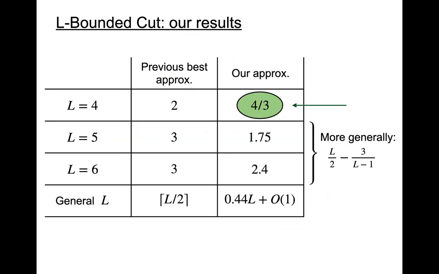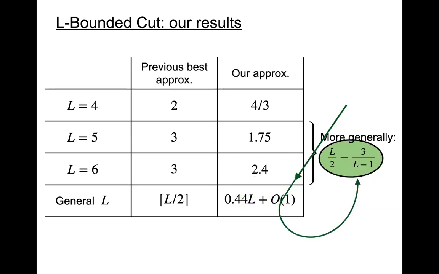Okay, so that's our approximation for 4/3, for L equals 4. I could talk about our approximation for L equals 5, but it's 10 times more complicated with a very long case analysis, so better not do that. I can also talk about our asymptotically best result, but it's also not the most elegant result in this paper.